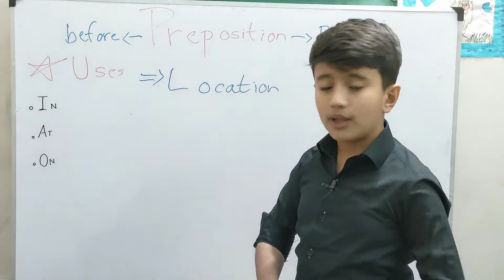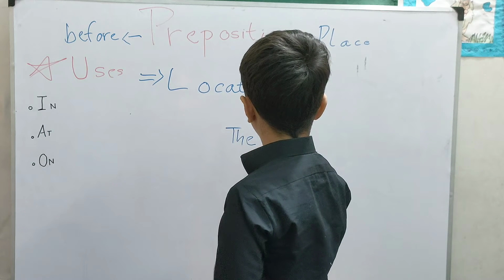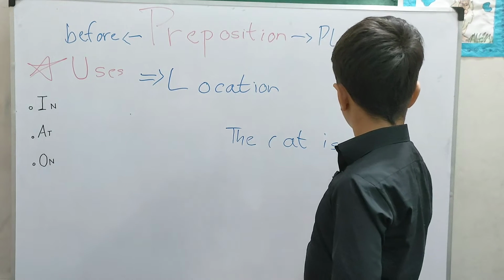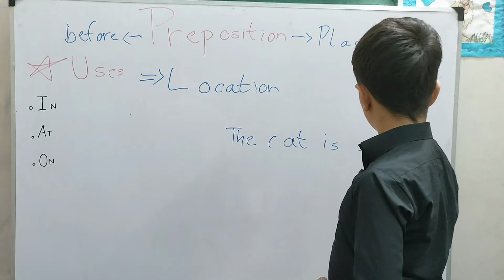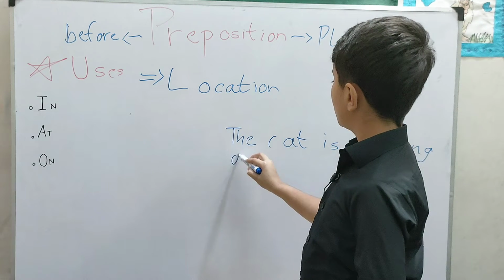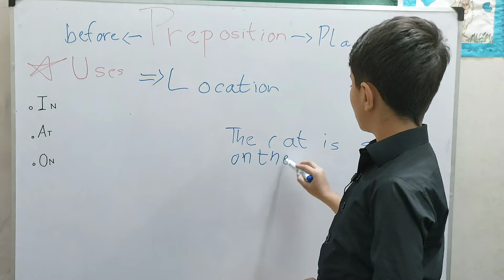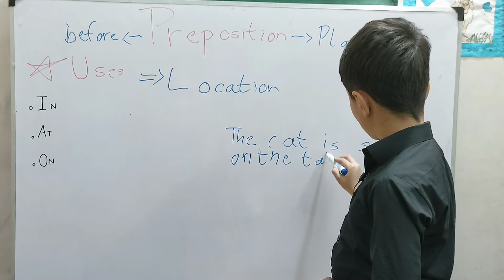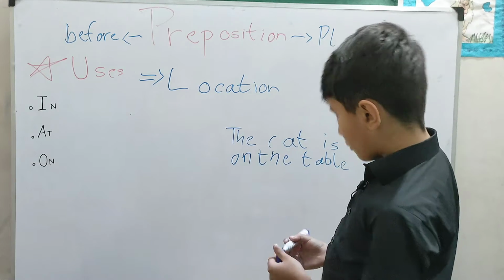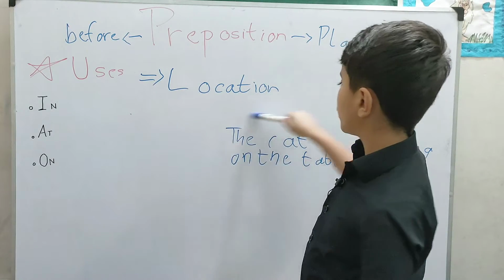First of all, for example, if I write, the cat is sitting on the table. So now what is the major thing? Now you can start with multiple different kinds of sentences.